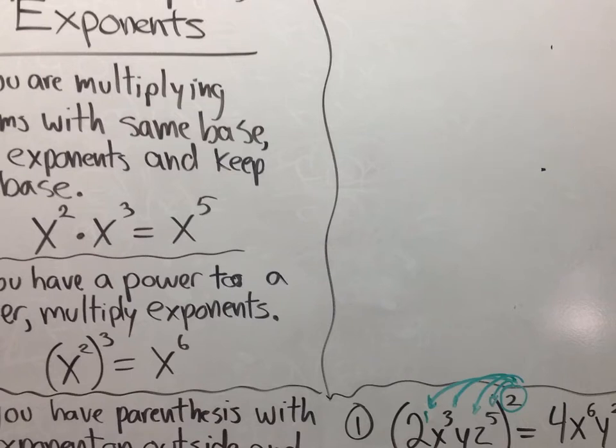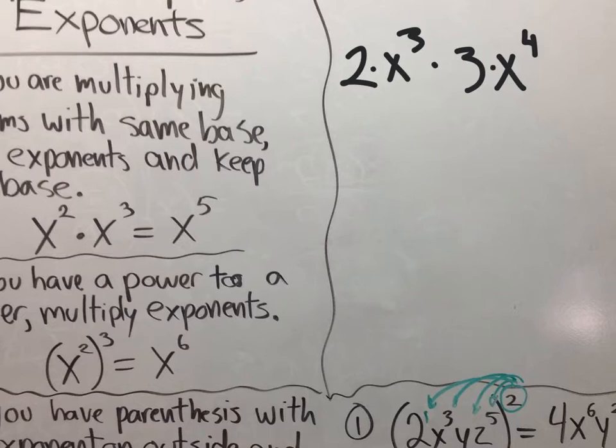That rule could be applied even if you have numbers. For example, let's say you had 2x to the third times 3x to the, give me something. Fourth. Okay. If I had this, then I would be able to multiply. Now, there's commutative property that exists in multiplication.